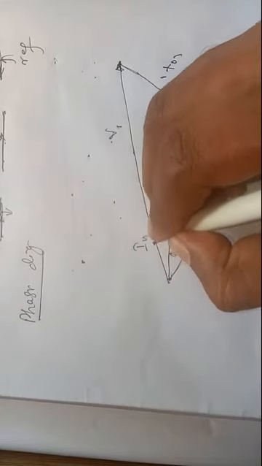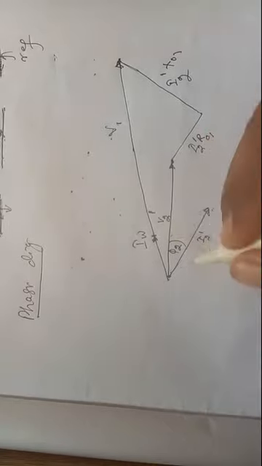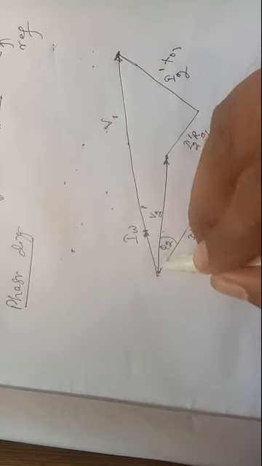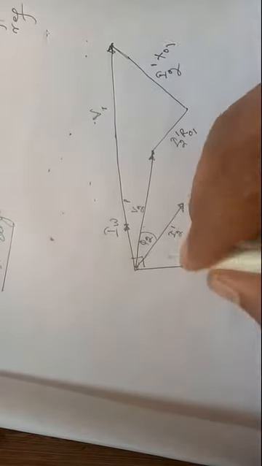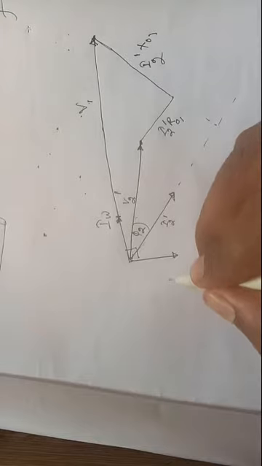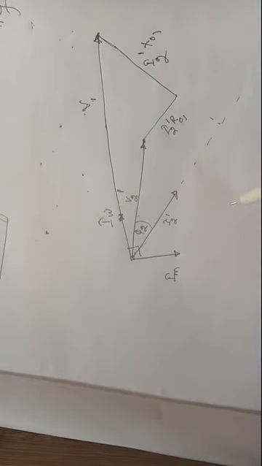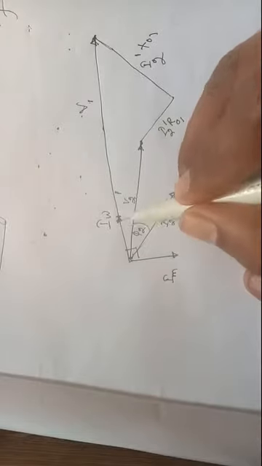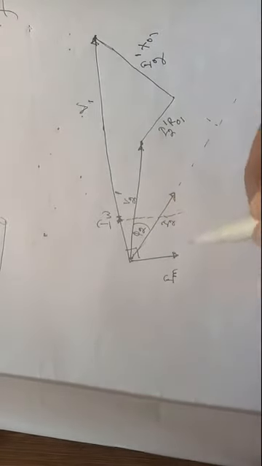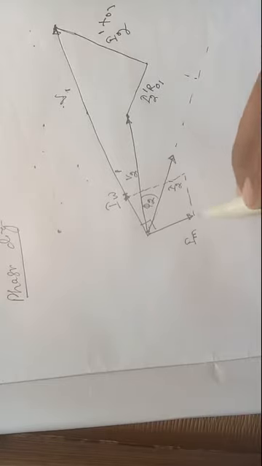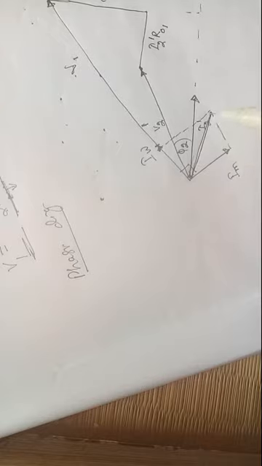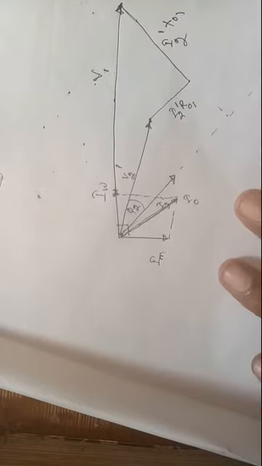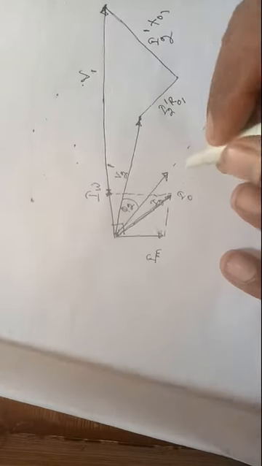So this one is IW up to here. Now Im lags V1, which is this phasor, by an angle of 90 degrees. This one is Im. Now the resultant of IW and Im is your I0. This one is your I0.